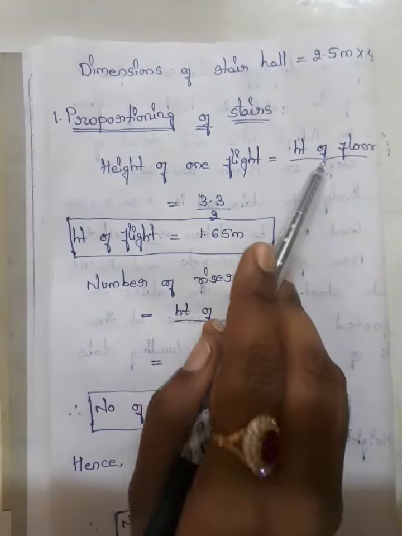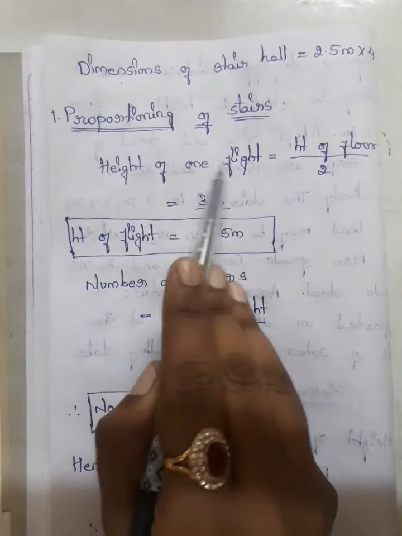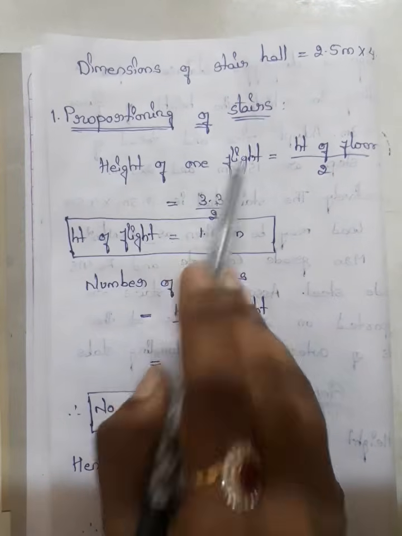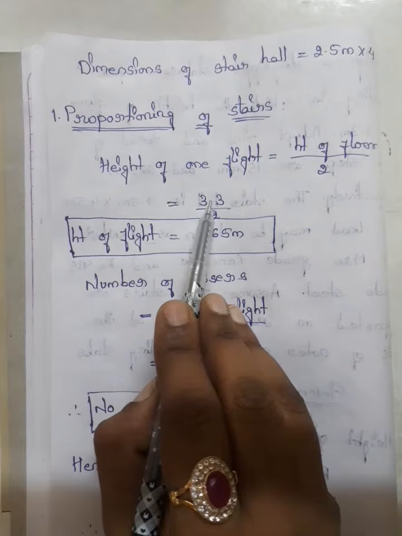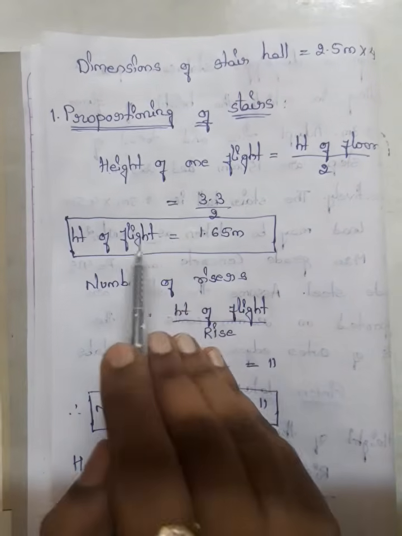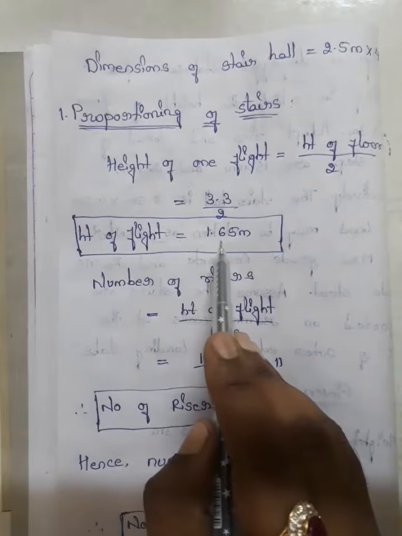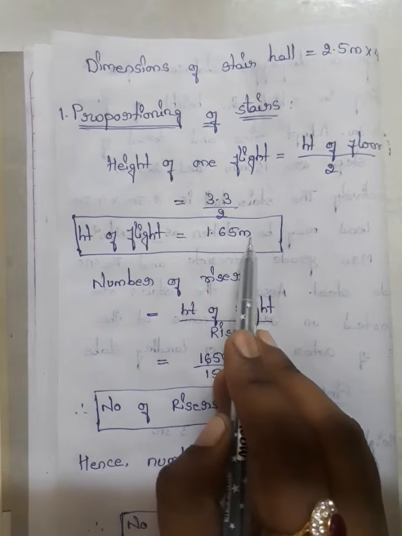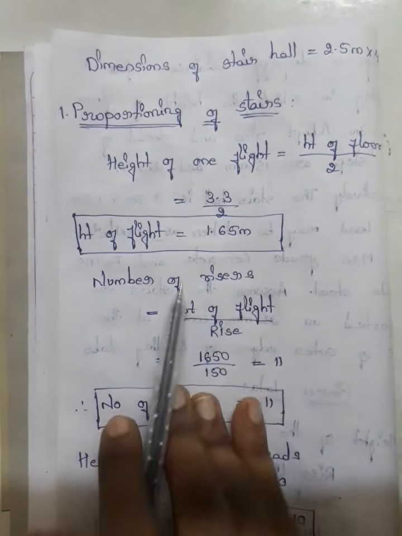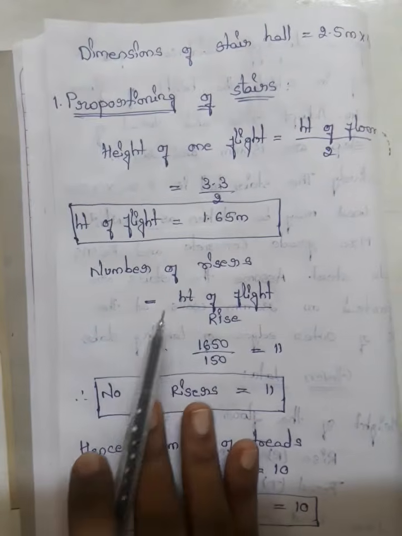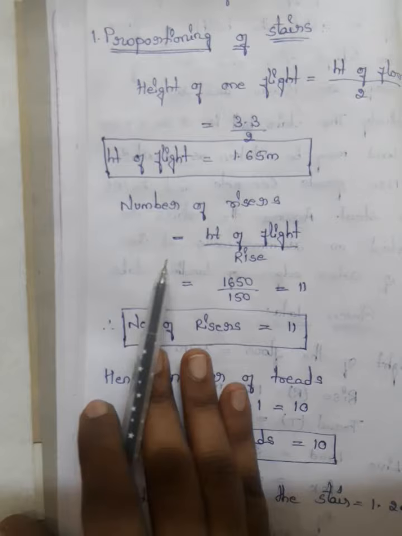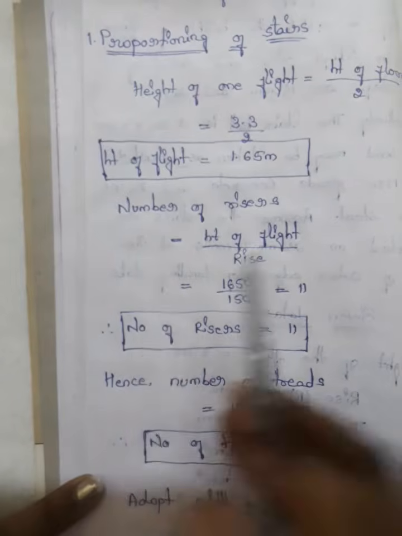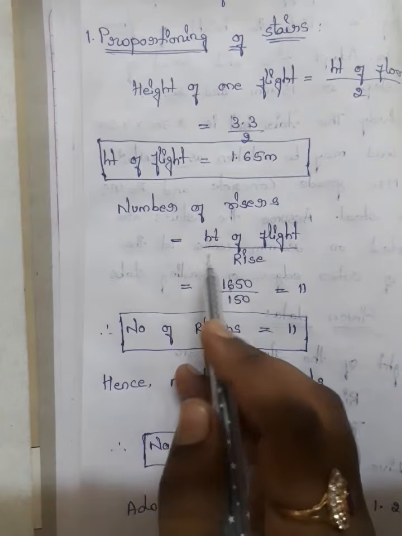That's why height of floor by 2 will give the height of one flight. Height of floor is how much? 3.3 meters, it is already given in the question. And by 2 will give the height of flight. It is 1.65 meters. So now based on this height of flight, we need to find out how many number of rises and treads need to be provided.